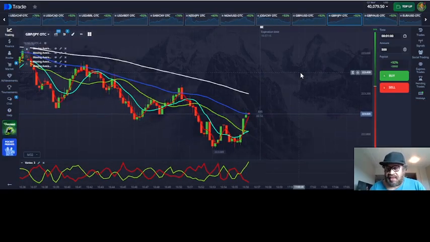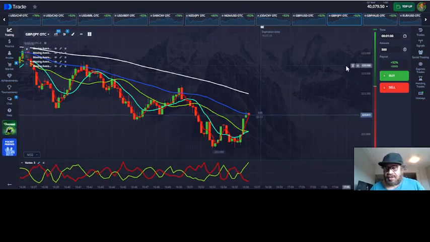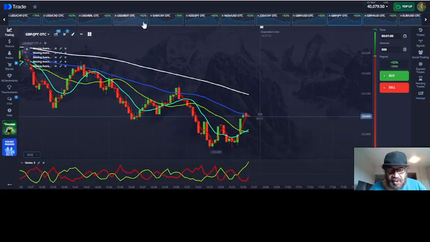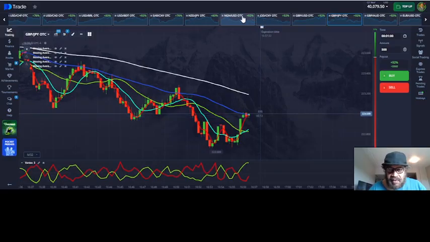I also wanted to make note that I've been practicing sound money management here. I've only been risking about 1% of my capital. With binary options, the rate of return on a lot of the assets varies. It could be as high as 92% to as low as maybe 58%.